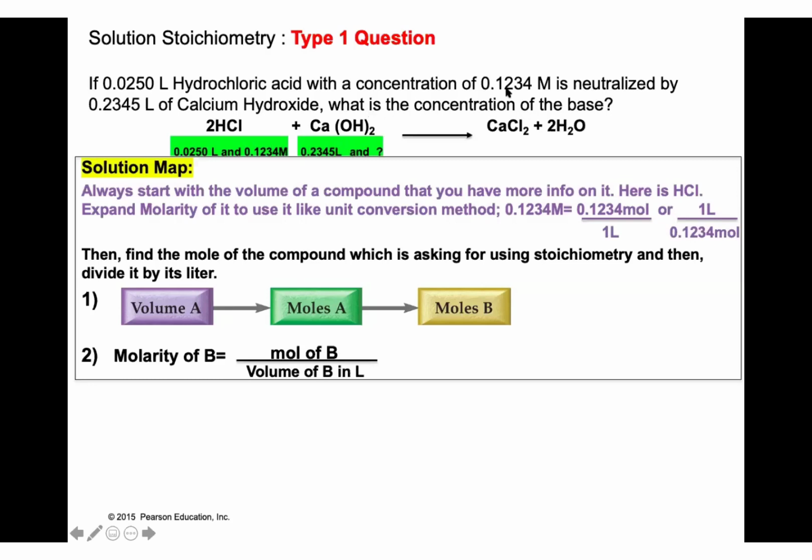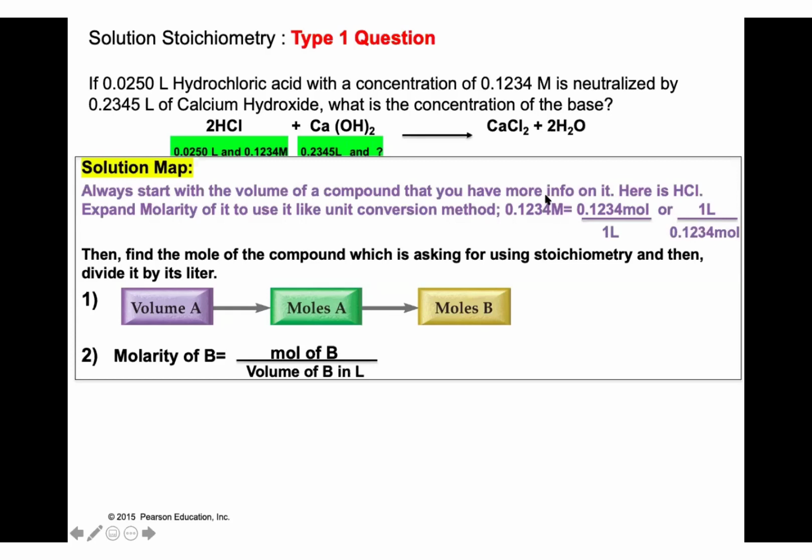So they ask for concentration. This is a type 1 question, guys. They gave us the molarity and volume of one compound, and the liter of another one, and ask for the concentration of the other one. So in this type of question, when they ask for concentration, we always start with the volume of the compound that we have more information on.